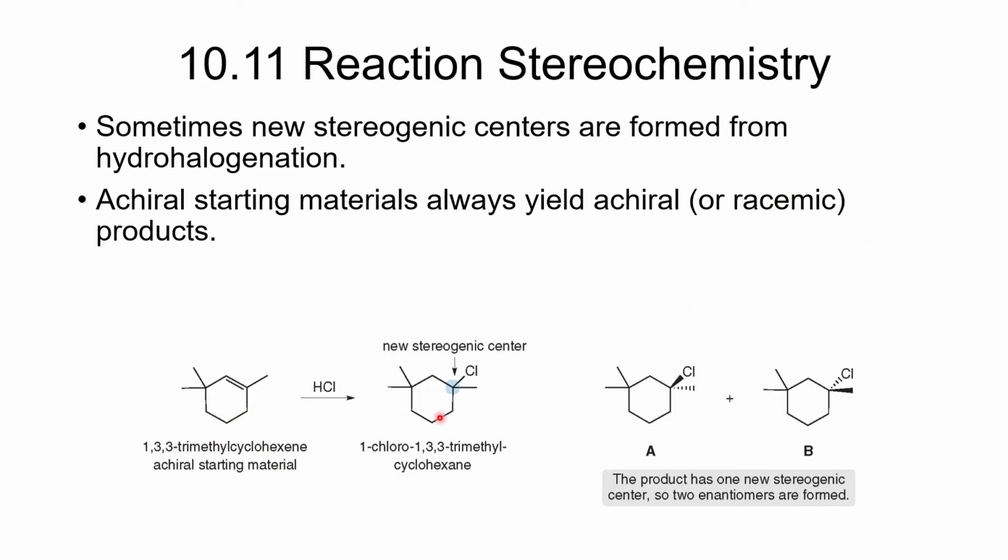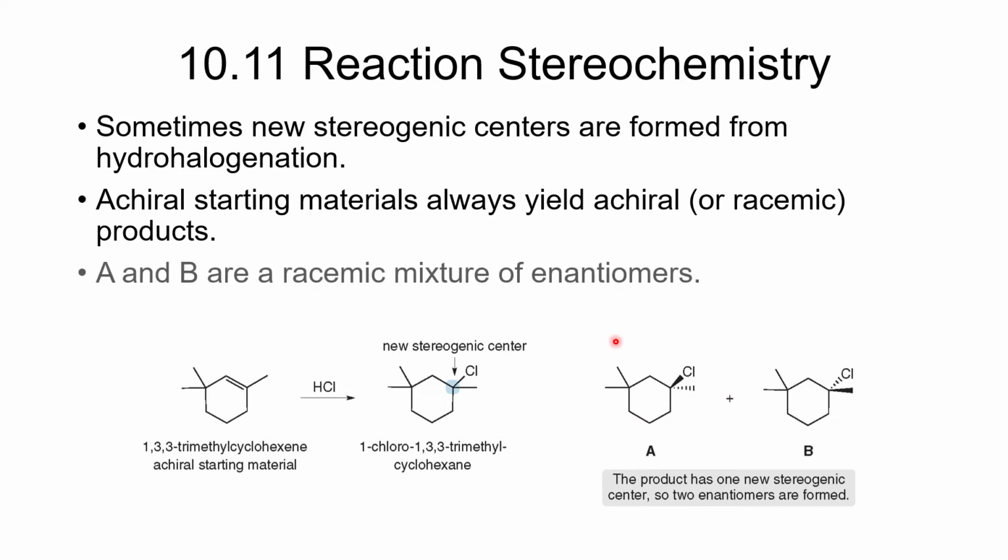It is certainly possible to generate the stereogenic center, but your products have to be racemic. So the products of this reaction are a 50-50 mixture of these two enantiomers. So they are a perfectly racemic mixture.